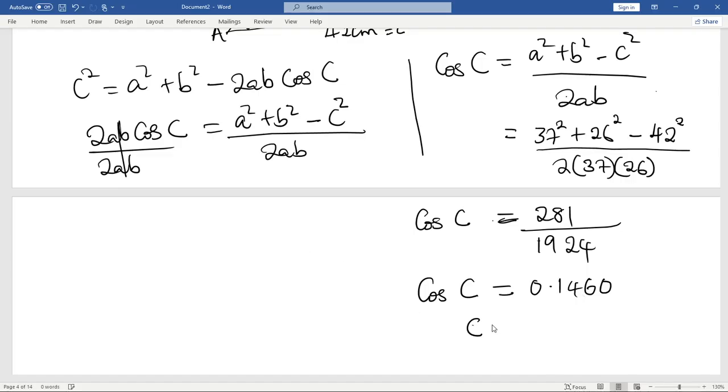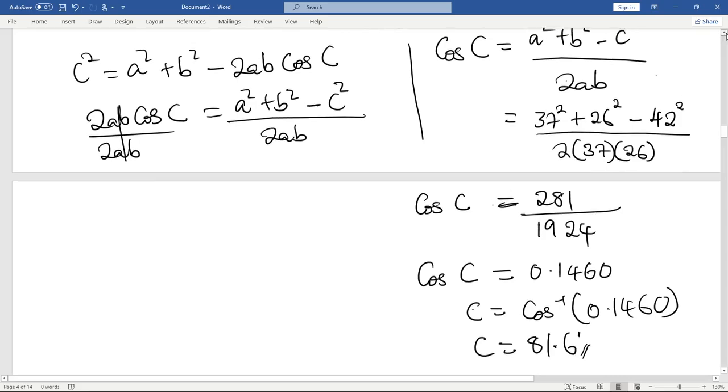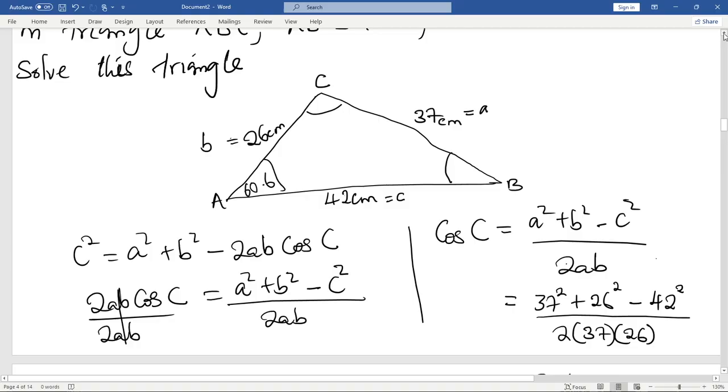Then the value of C here is simply equal to cos inverse of 0.146. So C here is equal to cos inverse of that answer that we have there, which is 81.6 degrees. So the value of C we found is 81.6 degrees. So now let's go ahead and substitute where there's C in the diagram. We write our 81.6.